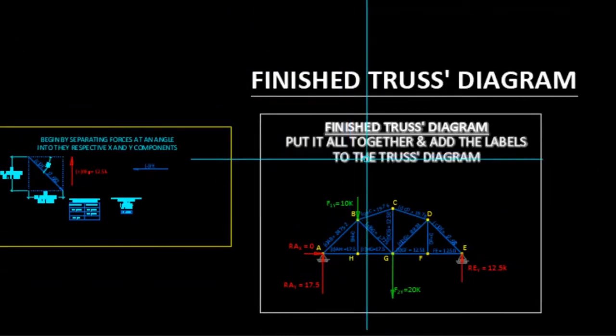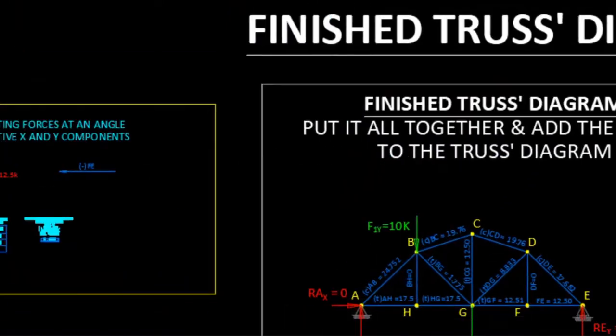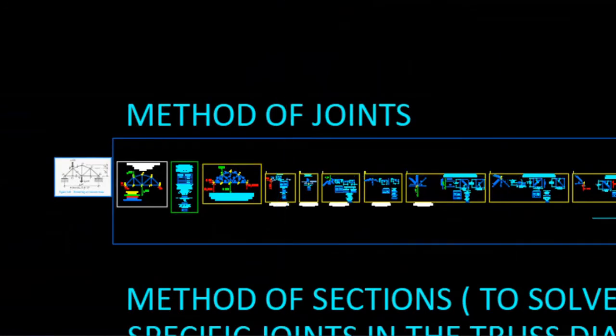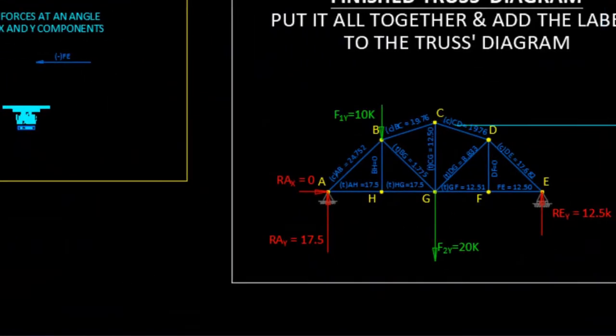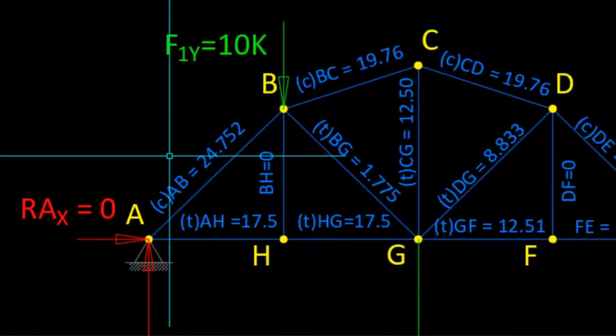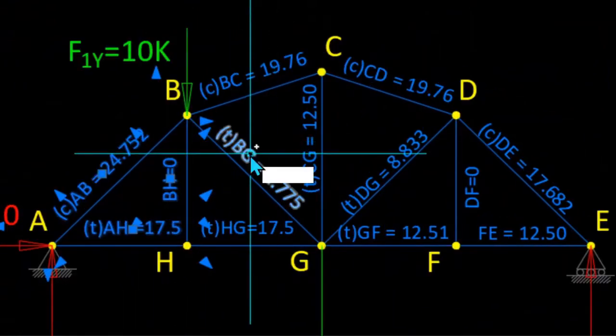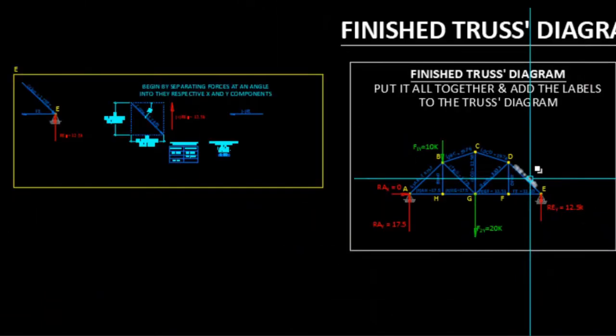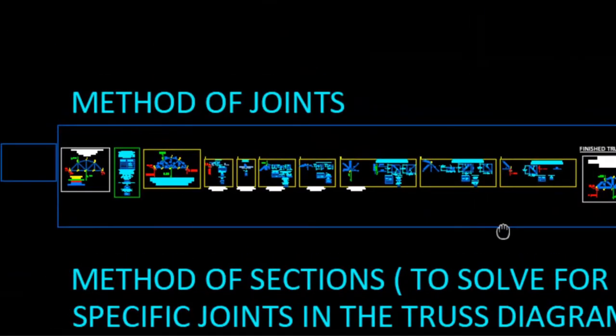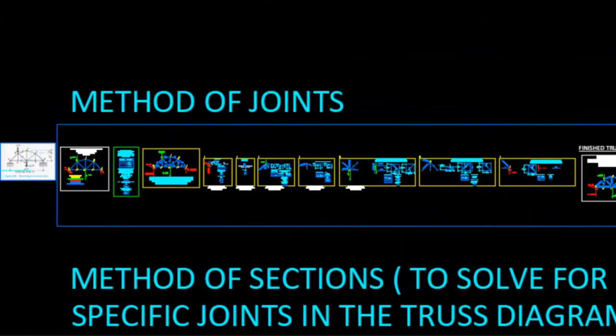The last thing we do is finish the truss diagram. For our method of joints, we list all the force members that are either in tension or in compression. And that is the method of joints.